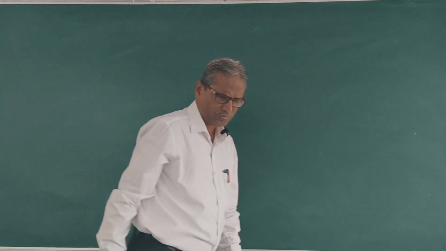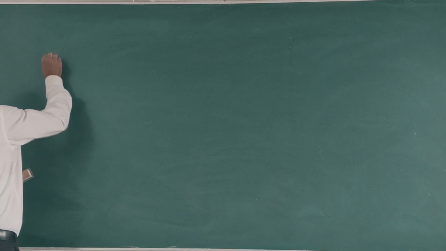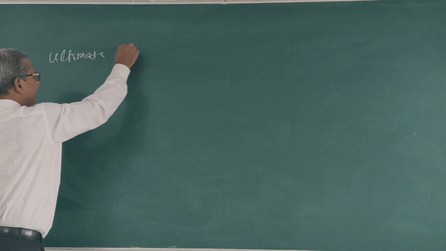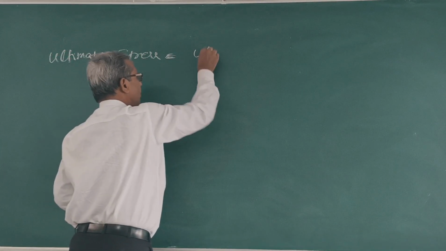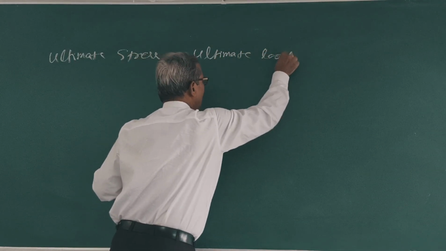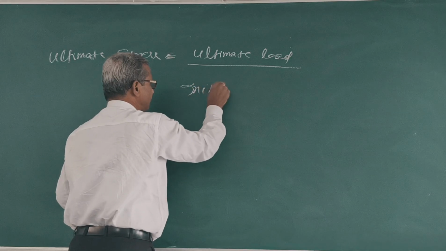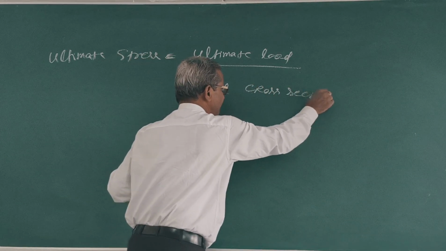Ultimate stress is equal to ultimate load divided by initial cross-sectional area.